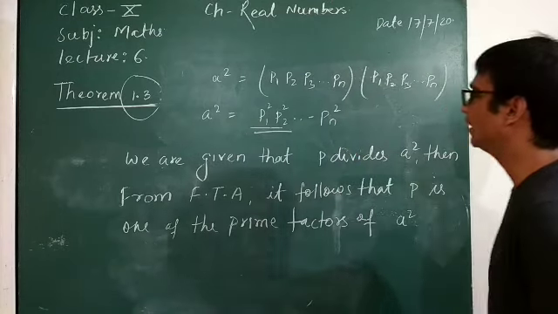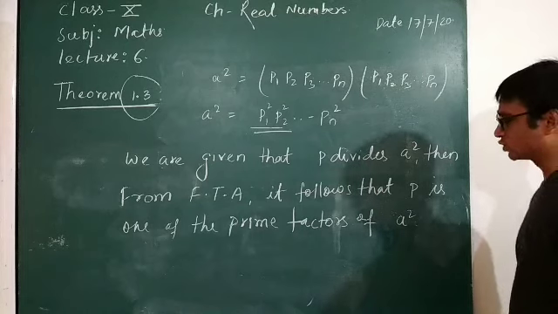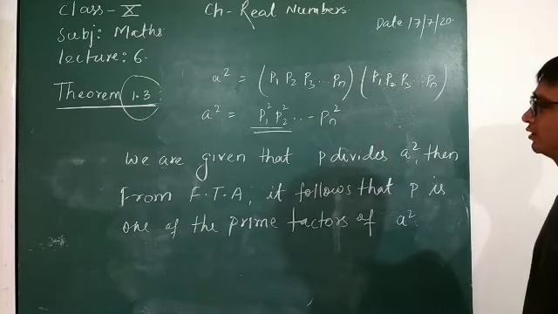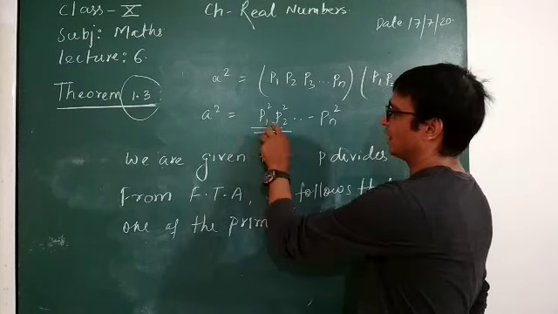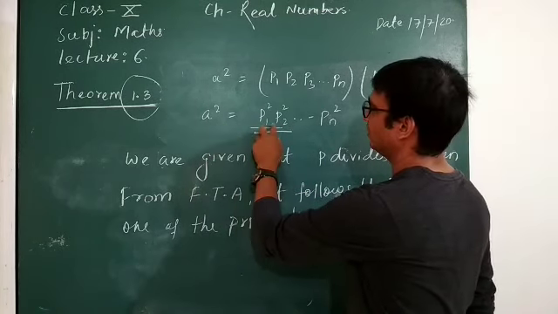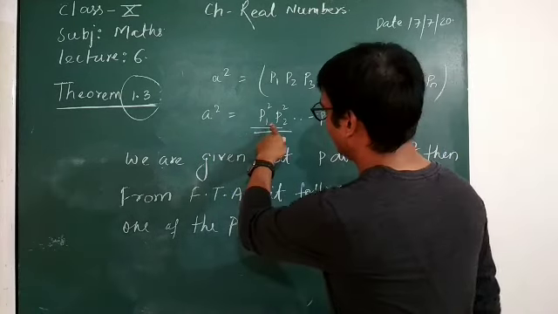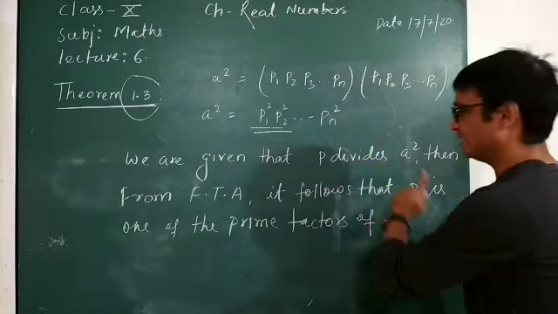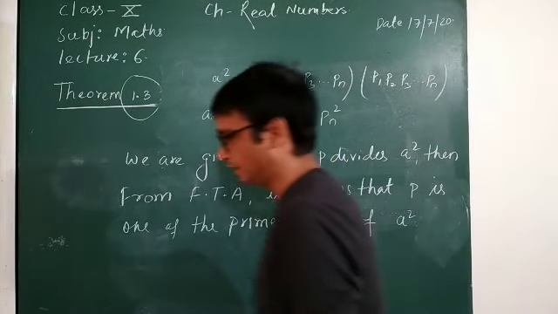You can say that P1 square, P2 square, Pn square, P1 is one of the prime factors of A square also, because P is going to divide A square. So we can write A square upon P1 square. So it means that this P is one of the prime factors of A square.